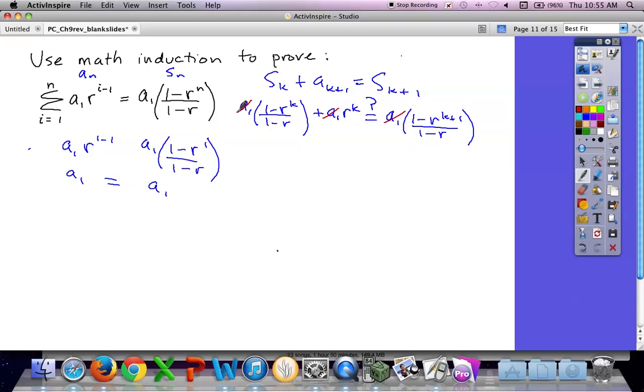Gone. What did we normally do when we had denominators involved? We multiplied by that denominator, right? So in this case, the denominator in 2 of the terms is 1 minus r. So let me multiply this by 1 minus r times 1 minus r. And again, don't forget this one right here, 1 minus r.